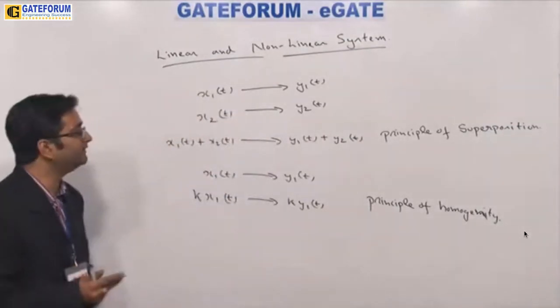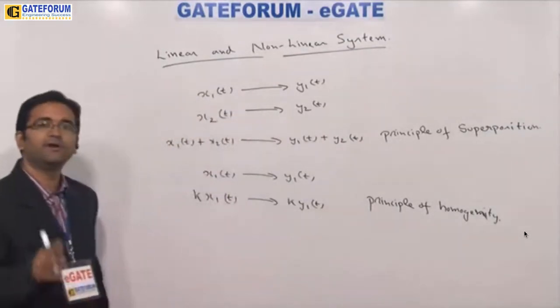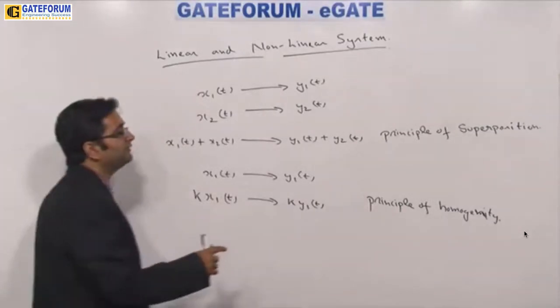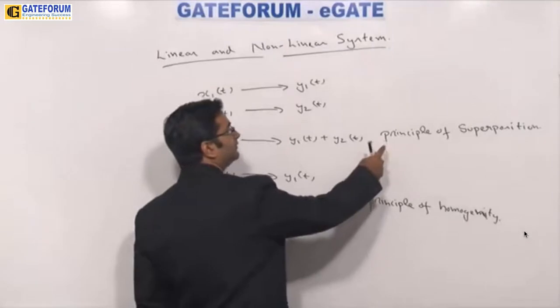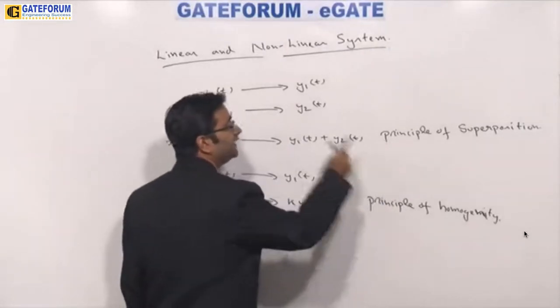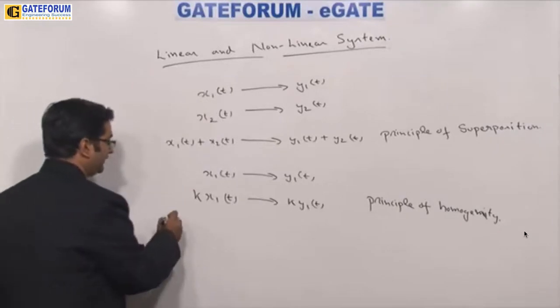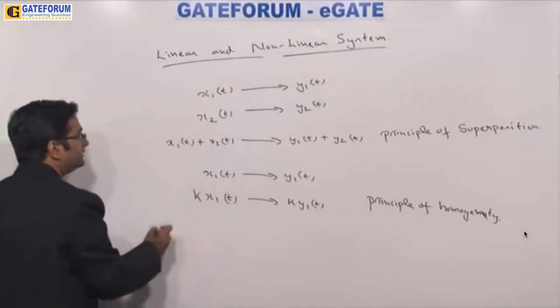Any system which satisfies both these principles is said to be a linear system. That is the simple definition of linearity. Now I can write both these conditions simultaneously.